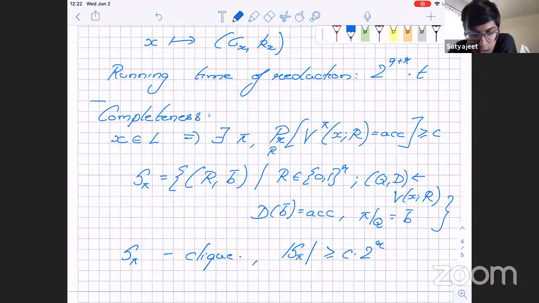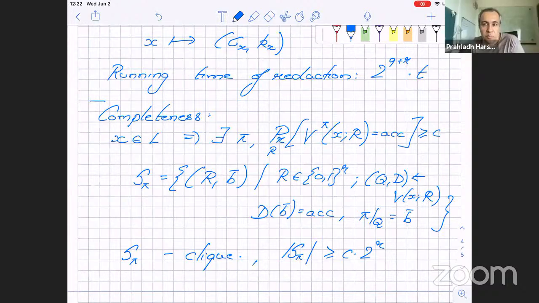So just one thing. If you have R random bits and then you get a B, so every R has 2 raised to Q such B's. Then you are just picking the B which is consistent with this proof.